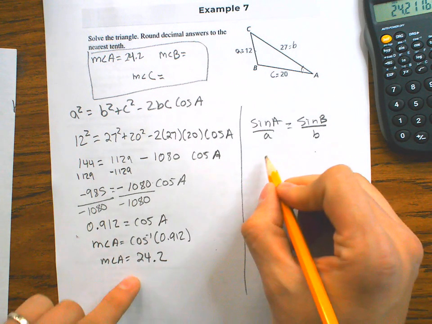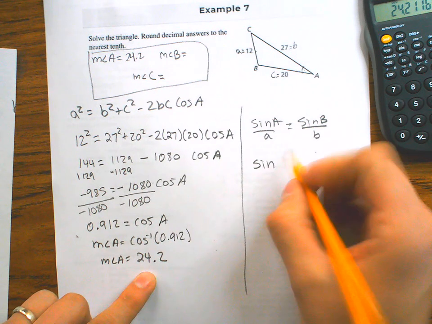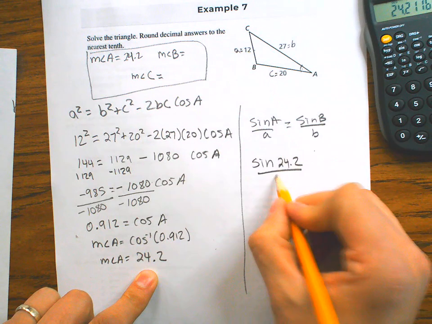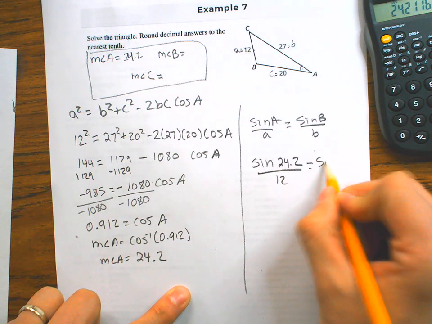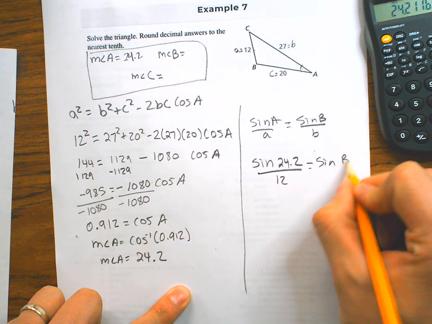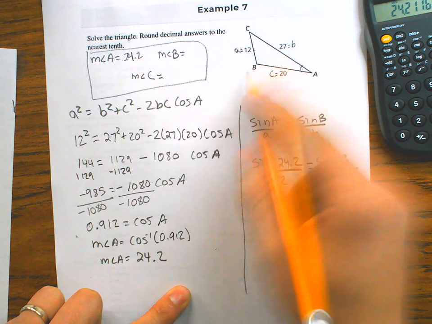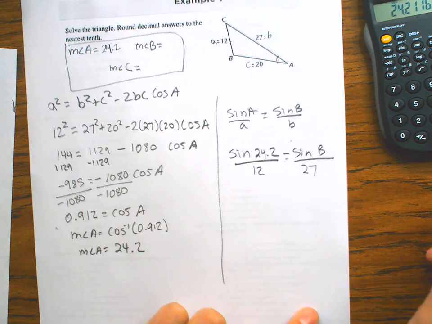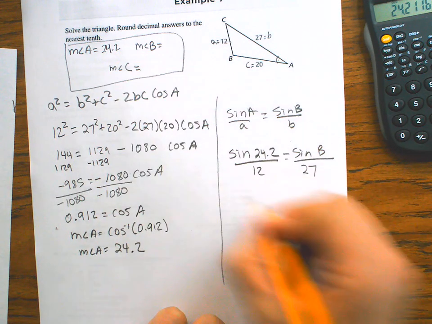So the sine of A, that's the sine of 24.2 over little a, which is 12, equals the sine of angle B that we don't know what it is, but we do know what little b is. Little b is 27. All right, so then what you're going to do now is cross multiply.